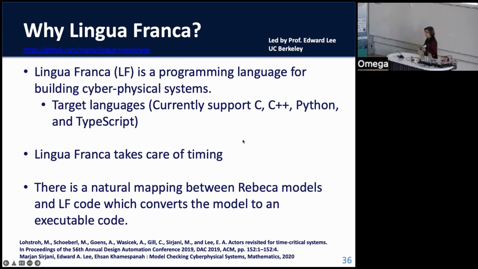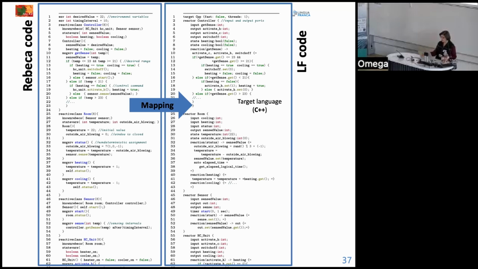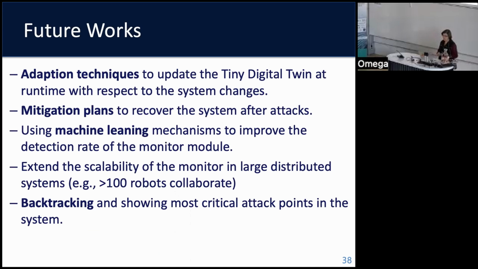I won't dive into this; it's another talk in itself, because we care about timed systems and we have logical time. Lingua Franca actually keeps physical time and logical time in sync. And there is a very natural mapping between Rebeca and Lingua Franca, so it's easy to map Rebeca to Lingua Franca and then run it.